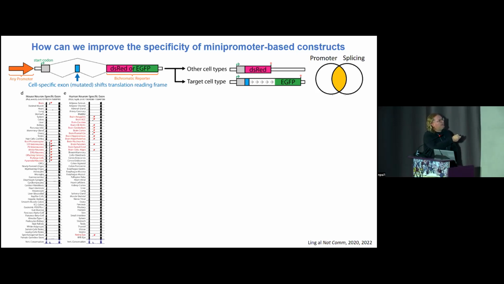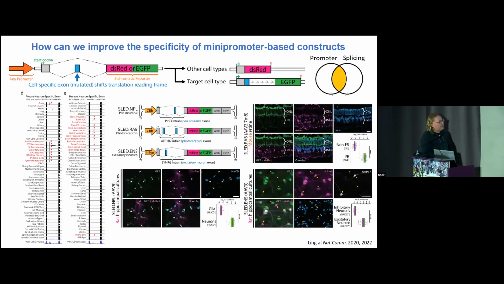We then have a cell type specific exon that frame shifts to express EGFP, whereas the more conventional ubiquitous splicing pattern gives rise to DsRed. Now, splicing is relatively insensitive to whatever's outside your alternative exon. This might work much better in an AAV context and can potentially be combined with mini promoters in a Boolean fashion to give highly cell type specific expression patterns.